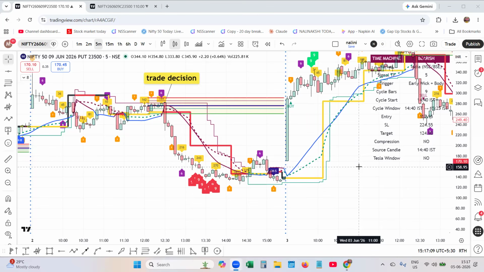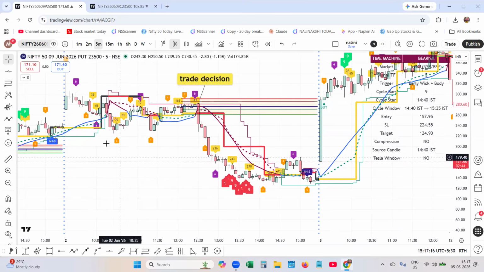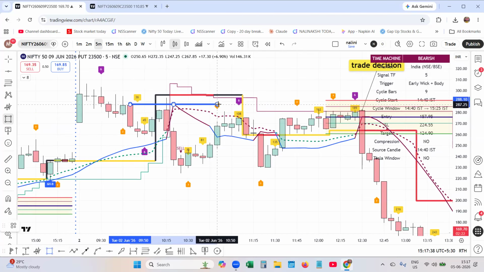Now I am going to show you something. I am going to walk you through from the start. See, these are the morning session. You can see Tesla time are congested: 36, 45, 72, 81. So we will put a line, just a small tick at 36, and the low is the 72 candle here.